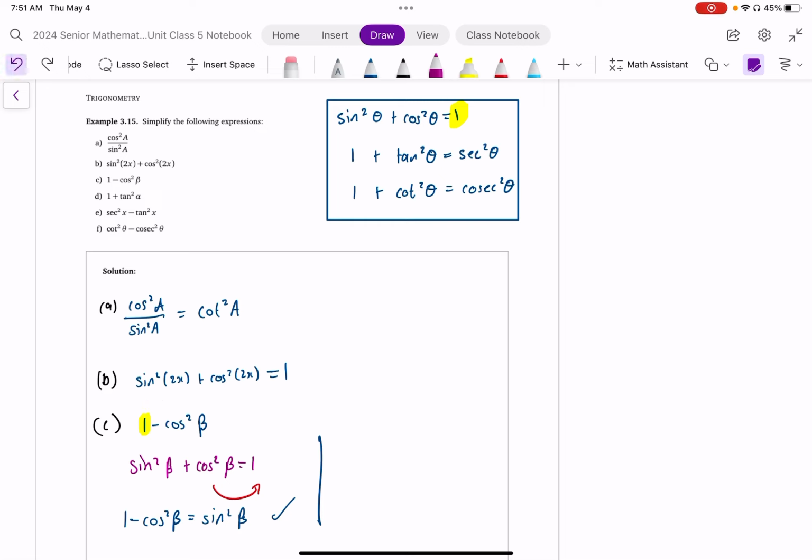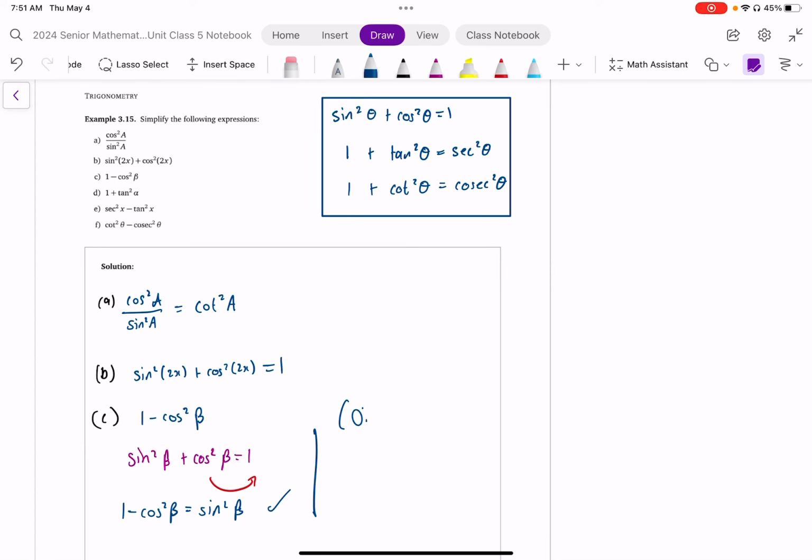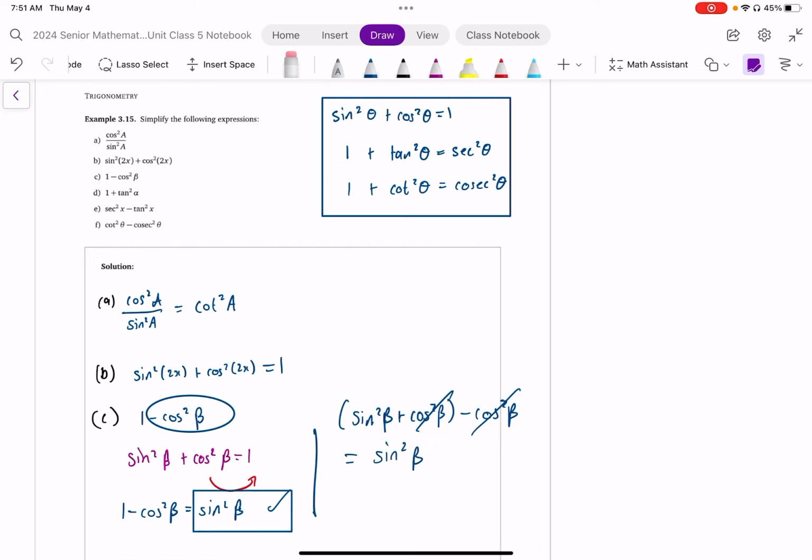Alright, so let's do that. I'll just unhighlight those things. Okay, so that means that instead of 1, I'll have sine squared beta plus cos squared beta. And then I've got my minus cos squared beta. Now, collecting like terms here, the cos squareds will cancel, leaving just sine squared beta, which is what we got earlier. So that's 2 different ways to do this question.